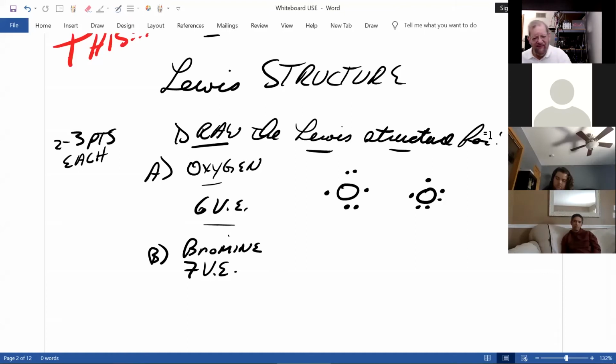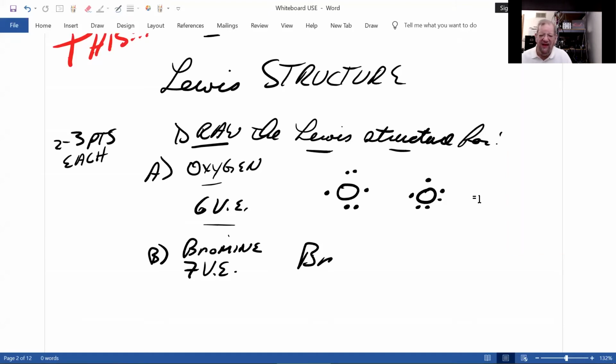Time's up. What we do is we put the chemical symbol, Br for bromine, and we put a dot on each side before we double up. That's 4, but I've got to go to 7. That's 5, 6, 7. This is one way of doing it. There are 4 others.